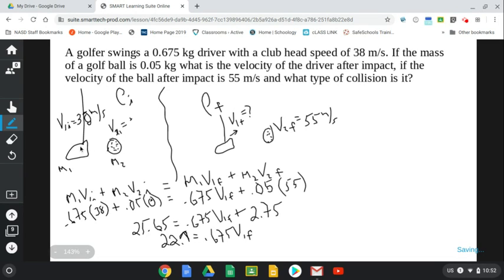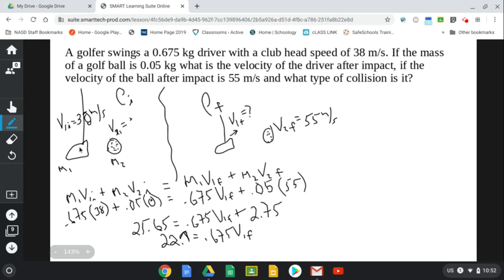If this object has momentum and this object has no momentum, and in the end, the golf ball now has momentum, where'd it get it from? That's right. The golf club lost momentum. So it's got to have a velocity lower than this 38.5 meters per second, right? It transferred during the impact, right?